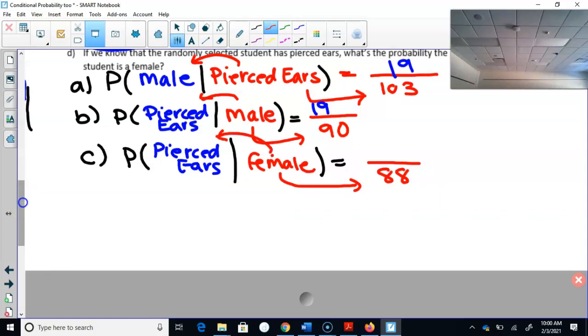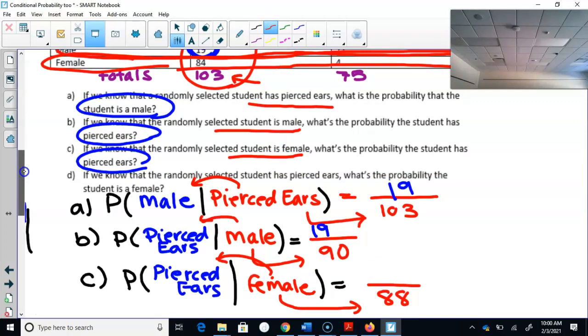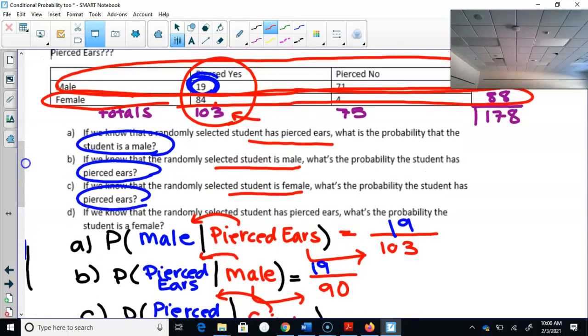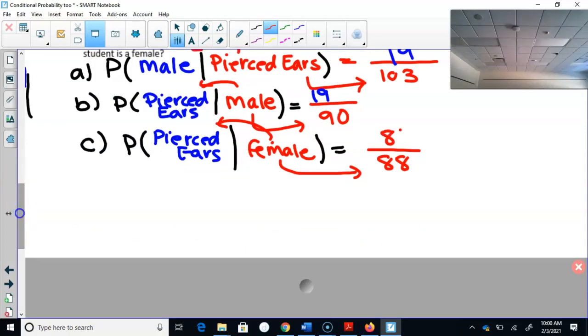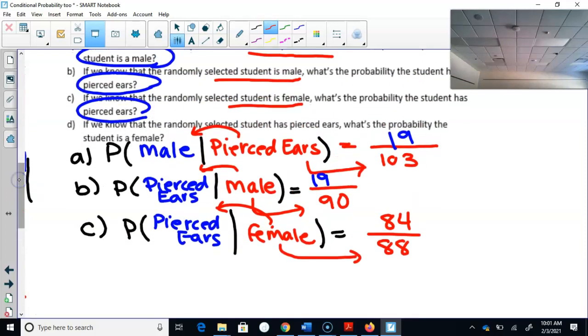What's the probability that they also have pierced ears then? Well, how many females have pierced ears? 84. 84 out of 88. Now remember, ladies and gentlemen, you can write this as a decimal, as a fraction, or as a percentage. I want you now to practice number D on your own, so pause it.